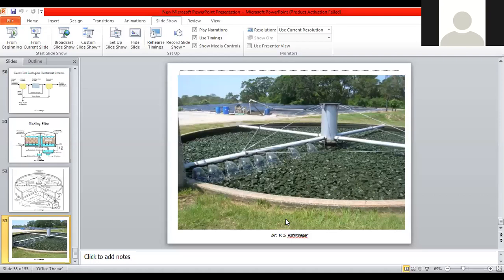The trickling filter is also known as percolating filter or sprinkling filter.